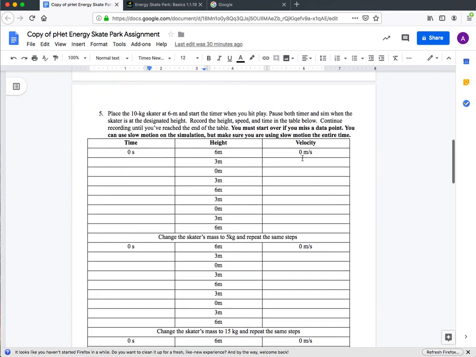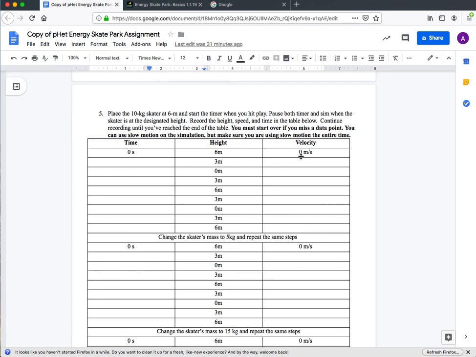Either in your calculator, you can find the squared button and type in, in this case, my first data point here is 0. So I type in 1/2 or 0.5 times 10 times 0 squared. Please make sure that just the velocity is squared. That means you're going to have to use parentheses in a graphing calculator or hit equals in between on your phone if you're using your phone as a calculator.